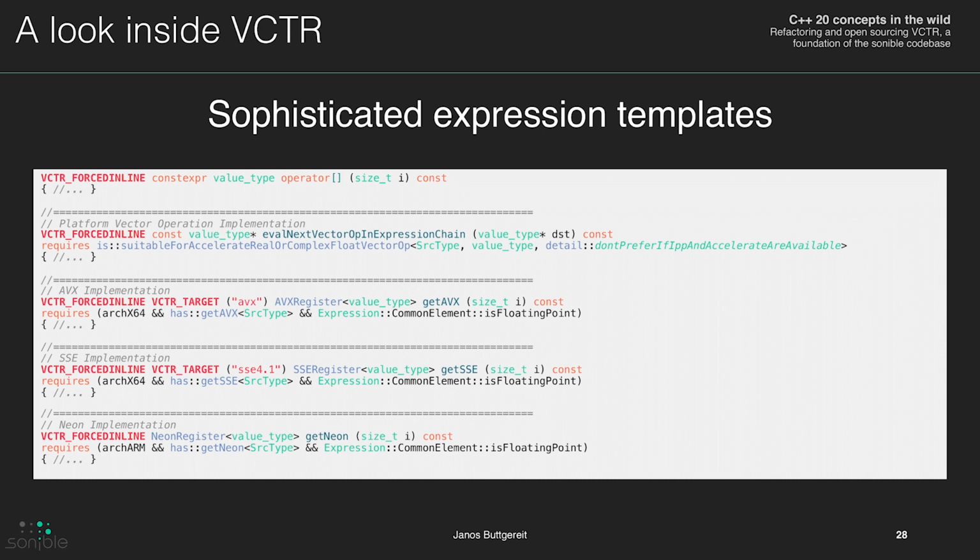And then it has multiple optional other member functions, which can evaluate the expression on a whole AVX, SSE, or Neon register. And we can evaluate the expression using accelerated vector libraries such as Intel IPP or Apple Accelerate behind the scenes.